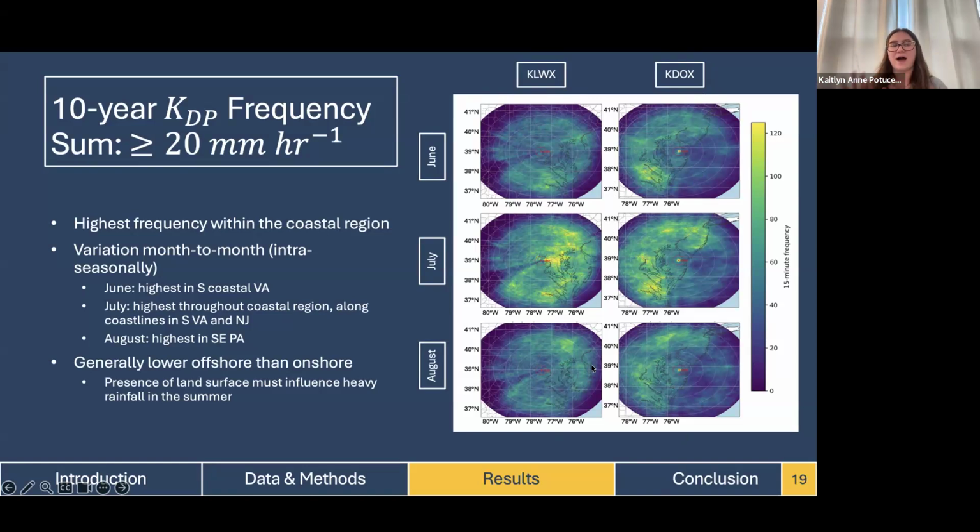What we find is that we have the highest frequency of this intense rainfall of 20 millimeters an hour or higher within our coastal region, so east of Washington, D.C., and kind of west of the coastline here. We also do see some heterogeneities that pop out month to month. So we have a hotspot of heavy rainfall frequency in southern coastal Virginia in June.